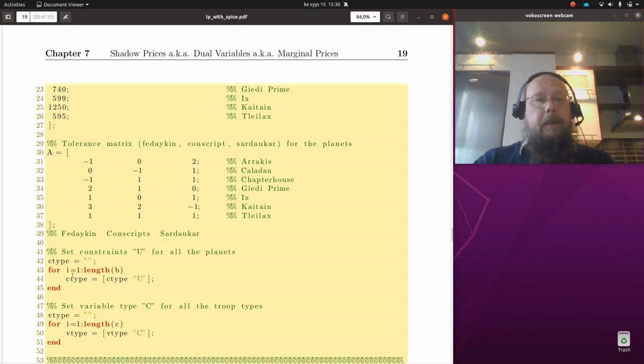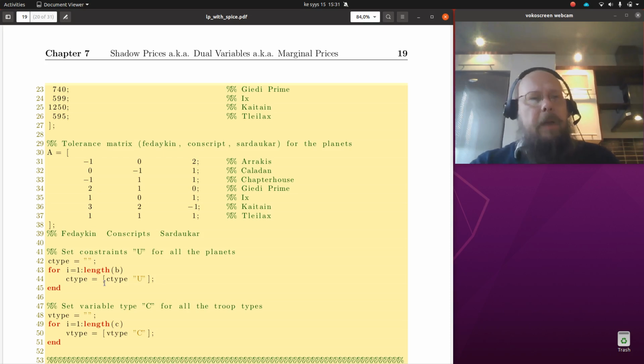And then Ctype will be given, and this is a kind of funny construct, but it turns out that this works: I set in brackets Ctype, whatever it was before, and then in quotation marks U, and then close the brackets. So each time the loop is run, it will put another U at the end.